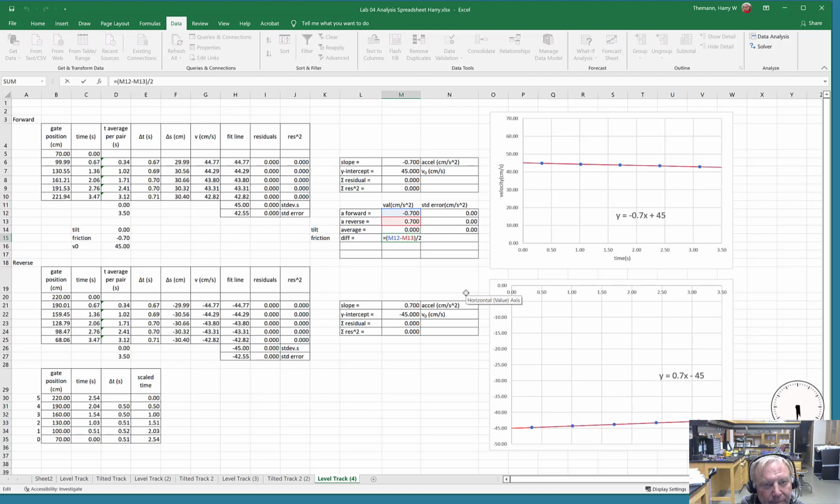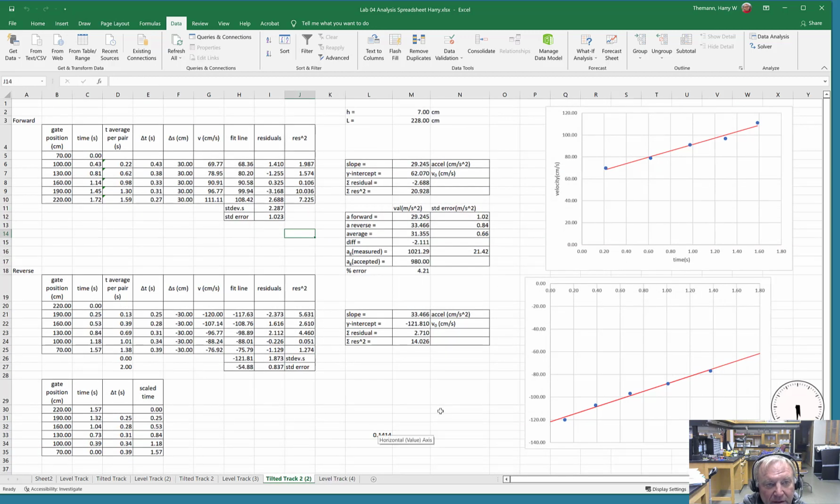All right. So let's take a look over to the tilted track. Now, of course, the tilted track is going to show us both of them with positive slopes.